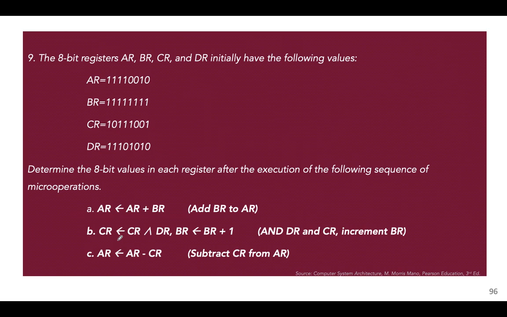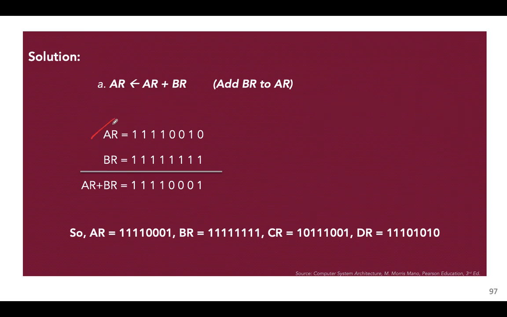So, for example, you can start with the first one, AR plus BR. We are supposed to add AR and BR and then tell what the values of the final four registers are, right? You can do this, AR, BR, bitwise, you add them, and finally you mention what all the registers are.